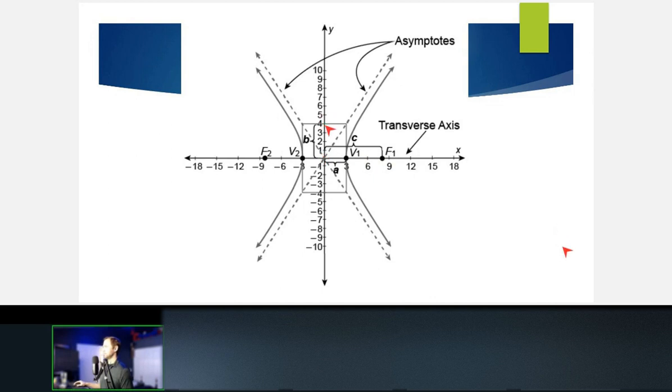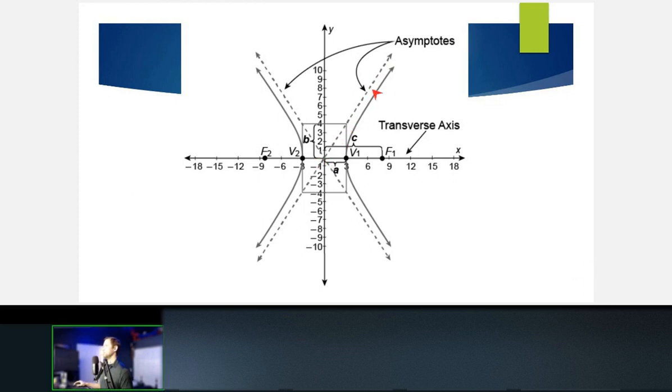We have, so I call these our imaginary vertices. So from here to here, this is a distance of b. And of course, from the center to this box, the edge here, that is a distance of c. And that's why a squared plus b squared equals the hypotenuse, which is the c squared.